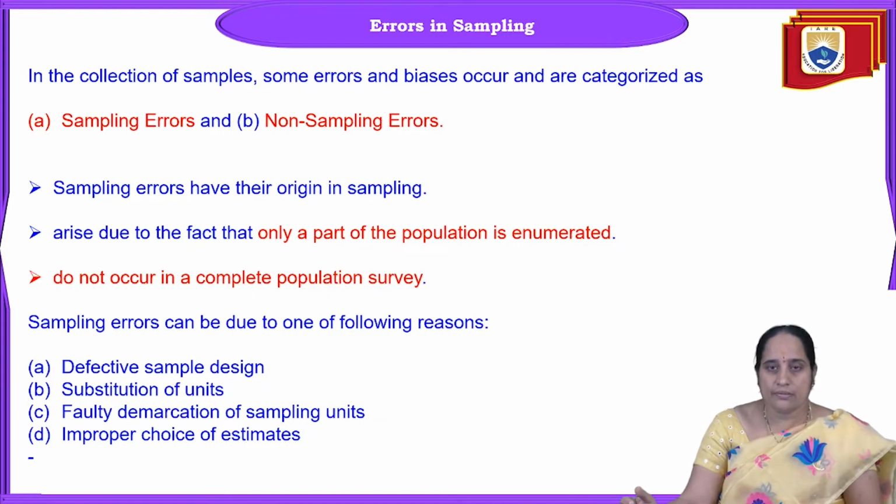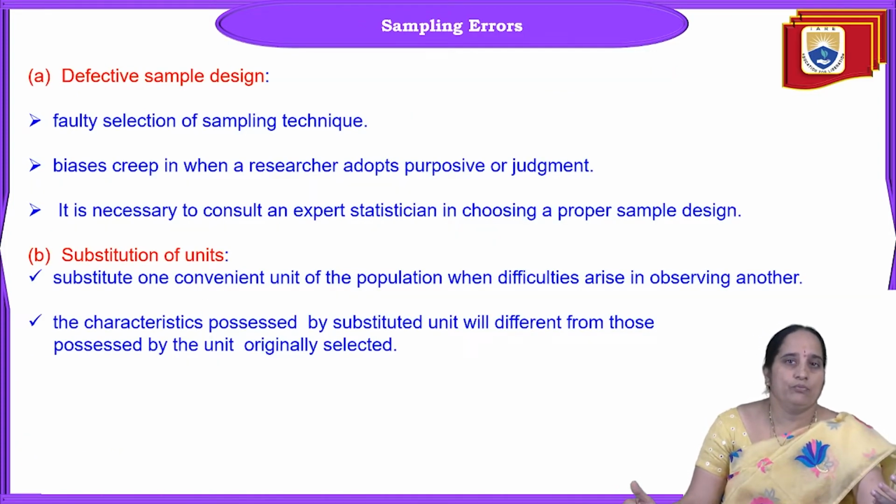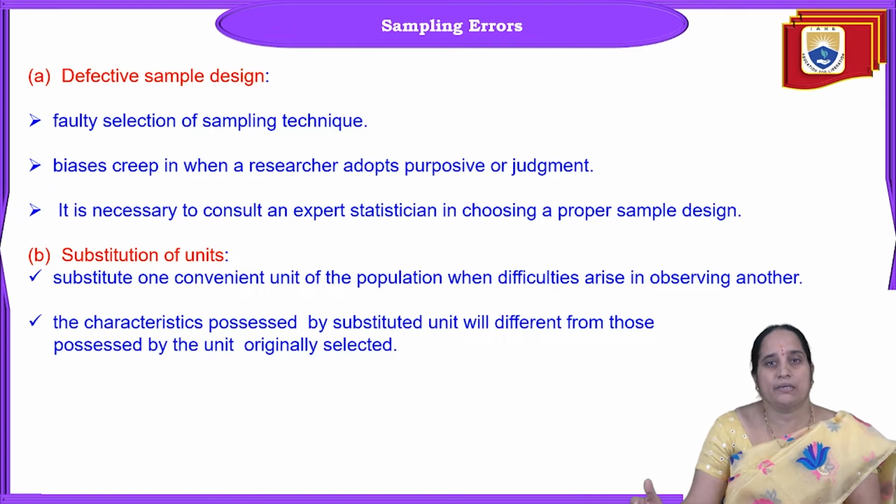Sampling errors can be due to the following reasons. The first reason is defective sample design. What do we mean by defective sample design? In order to select the samples, we need to adopt some procedures and techniques. Basically, we divide these sampling techniques into two types: random sampling technique and non-random sampling technique.